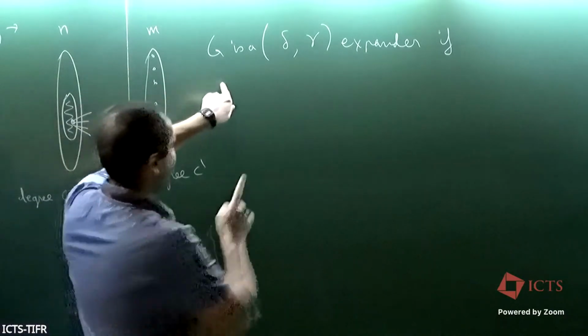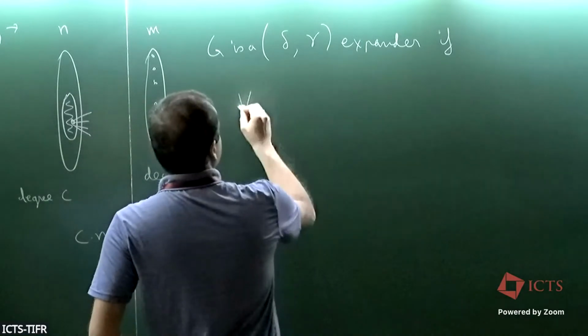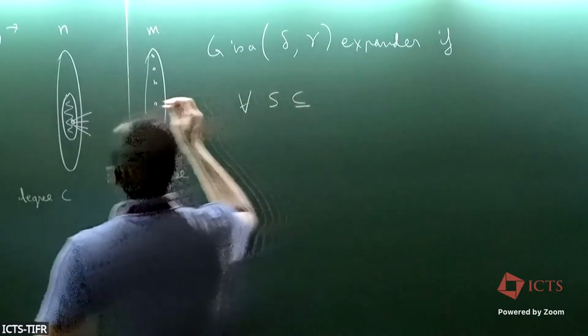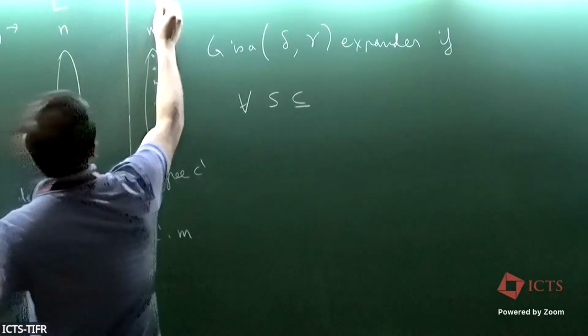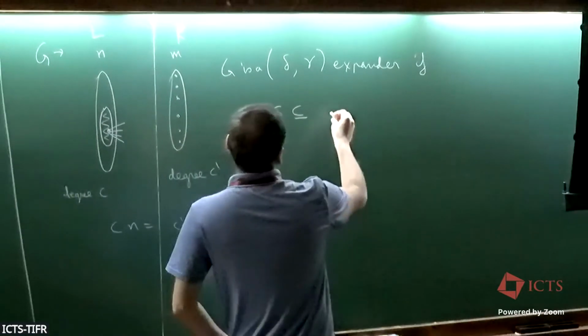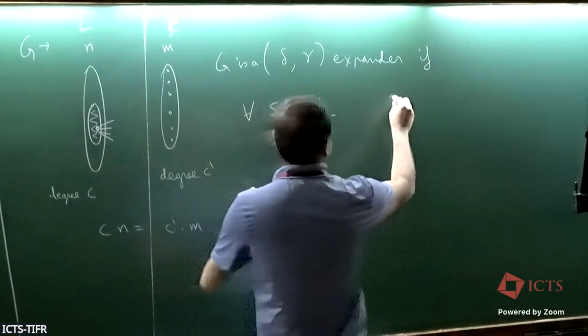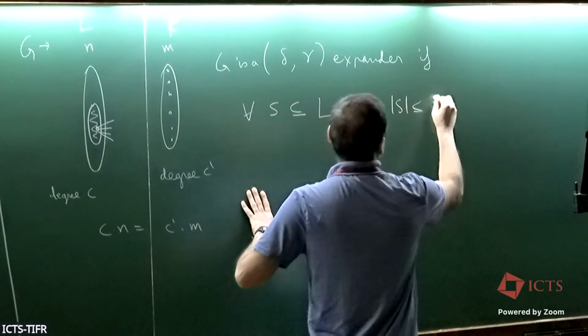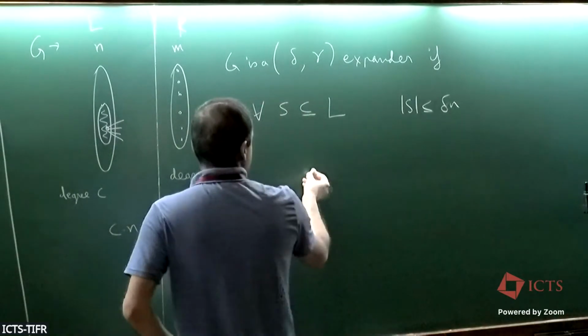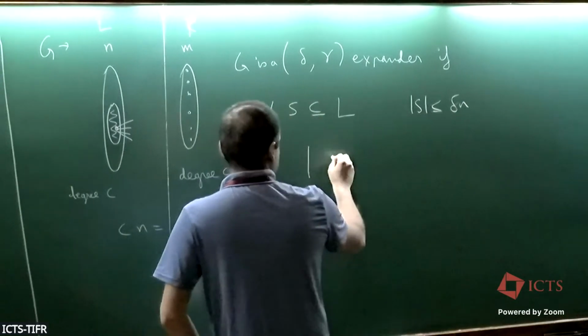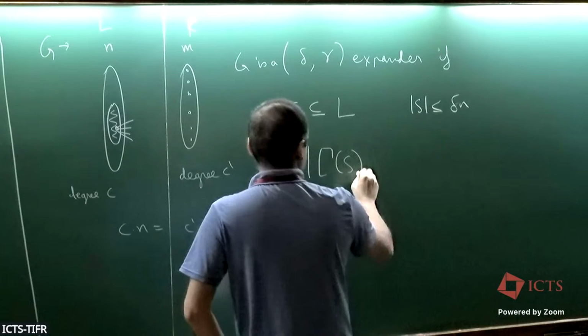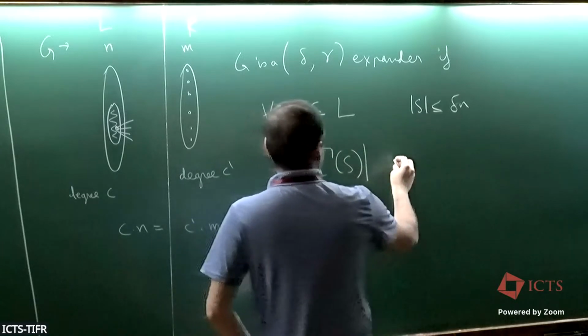So I will say this better. If for all subsets S of the left-hand side, this is our left-hand side, this is the right-hand side, which are not too big, size S at most delta n, the size of the neighborhood of S, this is what I call the neighborhood of S, is at least, well, what's the largest it could be?